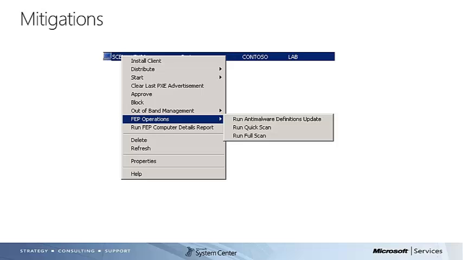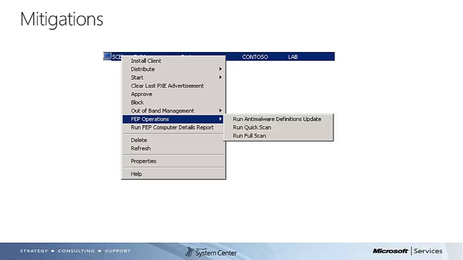You can actually run a full scan or a quick scan, or you can choose to have the definitions updated. When you do this, it's not a real-time activity. Again, you're leveraging the back end of Config Manager.